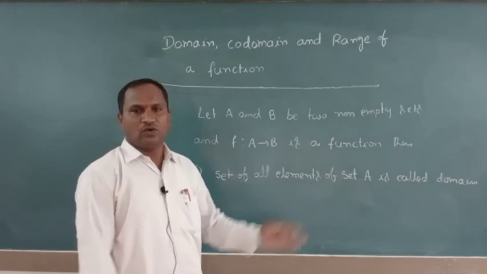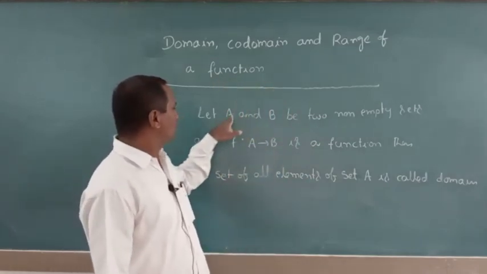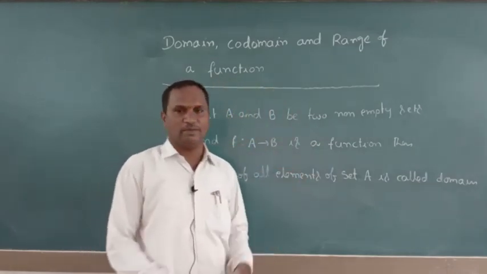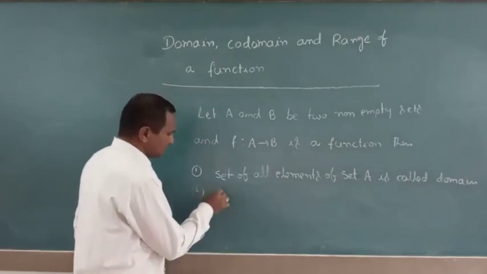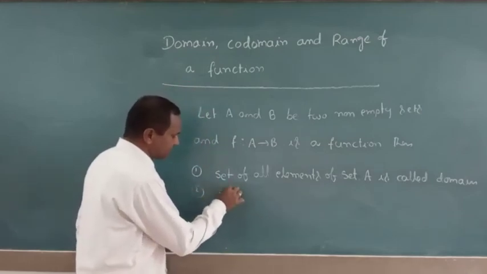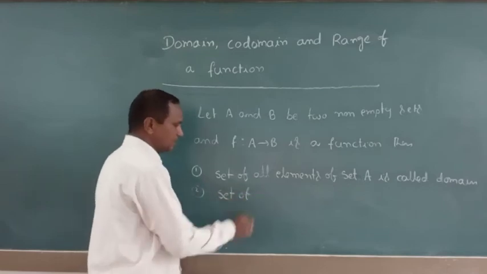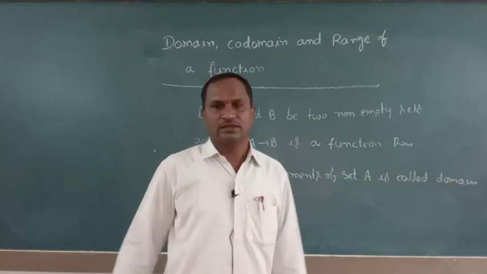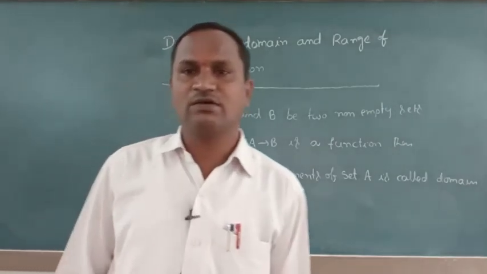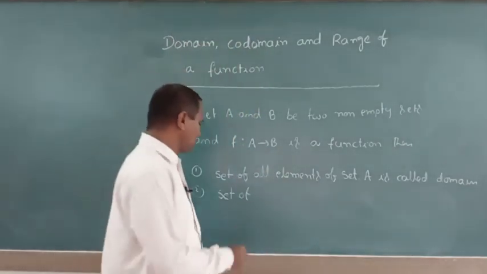Simply we can say the whole set capital A is called the domain. Next, second point, the set of all elements of set B is called the codomain.